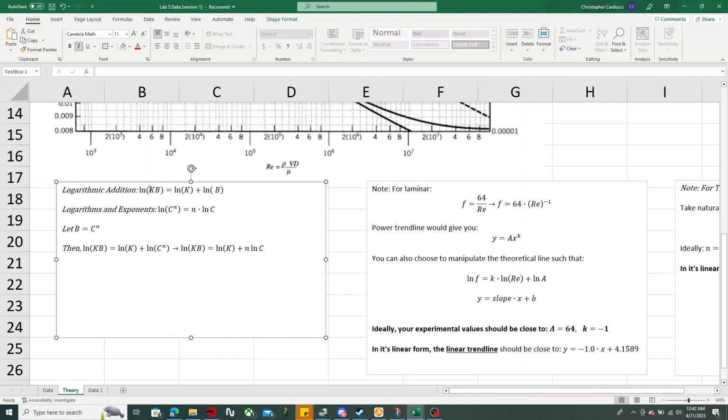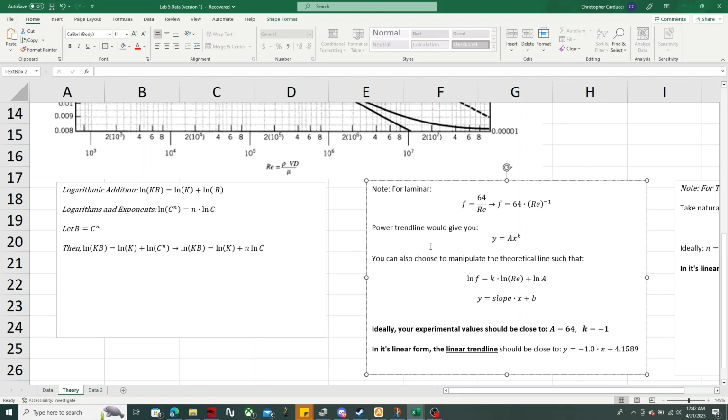So if we're looking at this original equation, if we let b be c to the power of n, we can see through number crunching that the product becomes the natural log of k plus n times the natural log of c. So why am I teaching you this extra math outside of maybe doing a really dorky party trick? Well, if you remember, F, your theoretical friction factor, is related to 64 divided by a Reynolds number. Another way to write this is 64 times the Reynolds number raised to the -1. So this is a power relationship.